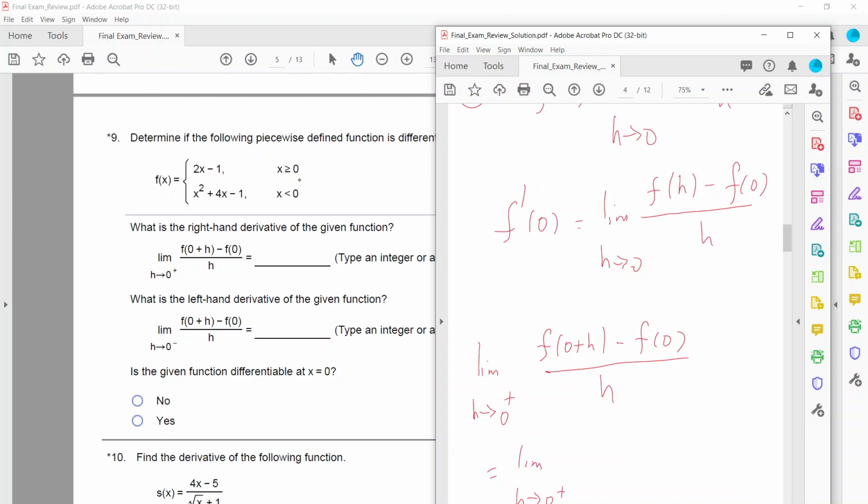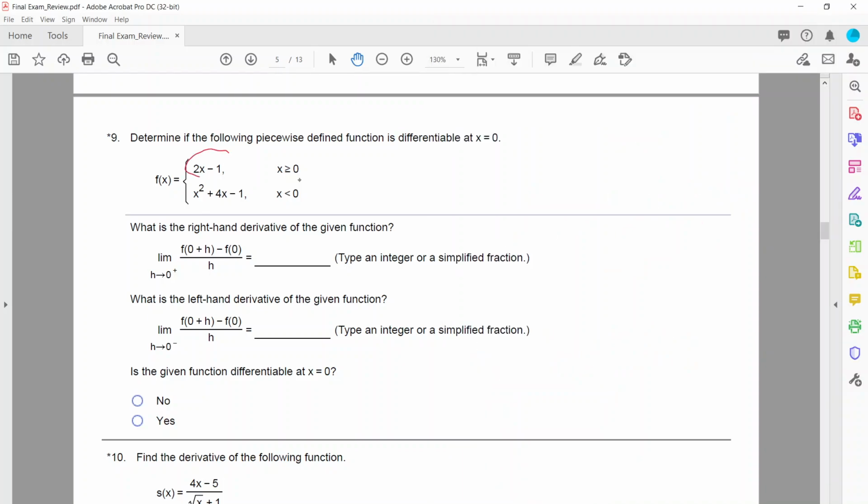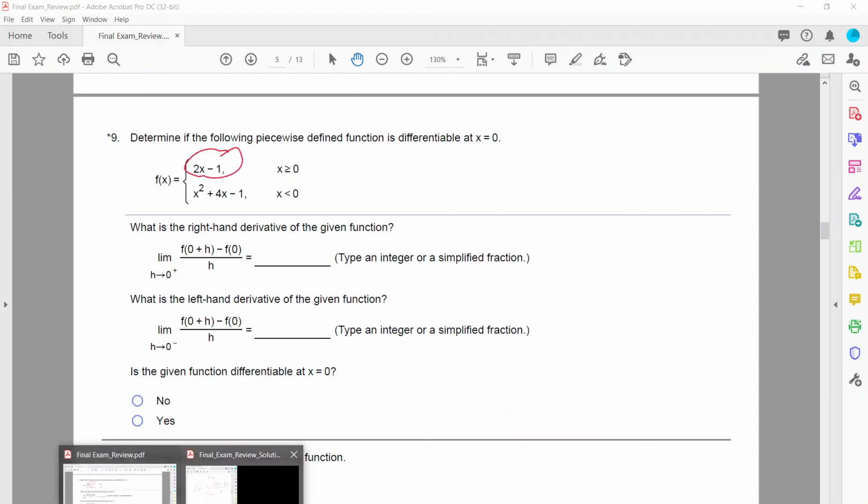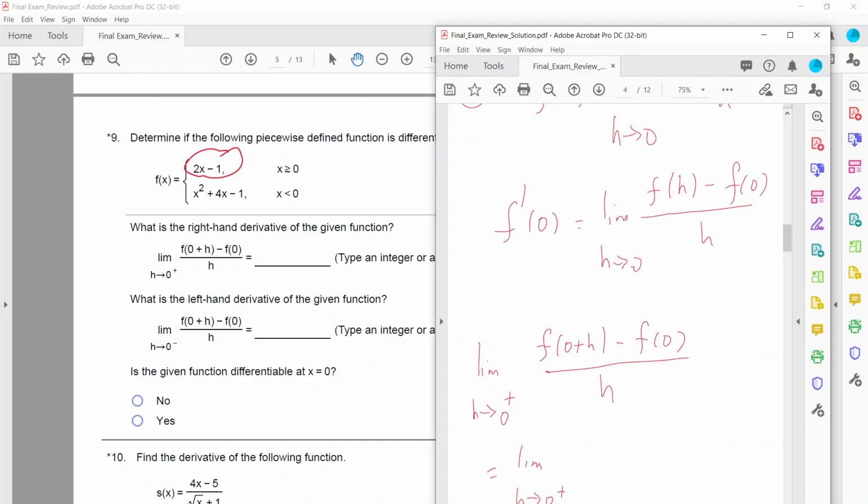So the value of f of h can be found using this 2x minus 1, so that would be 2h minus 1. The value of the function at 0 can be calculated using the same expression, because x equal to 0 can be found from here. So 2 times 0 minus 1, that is negative 1, over h.